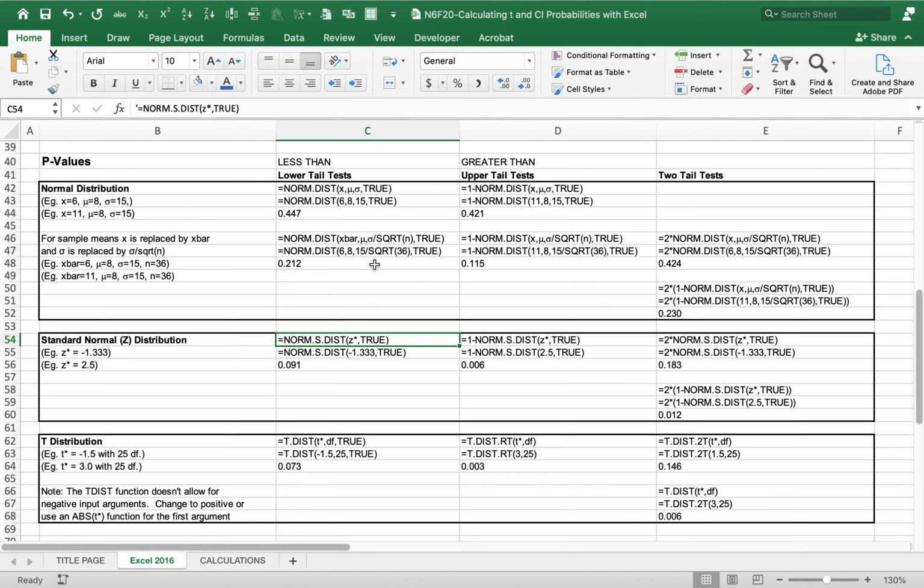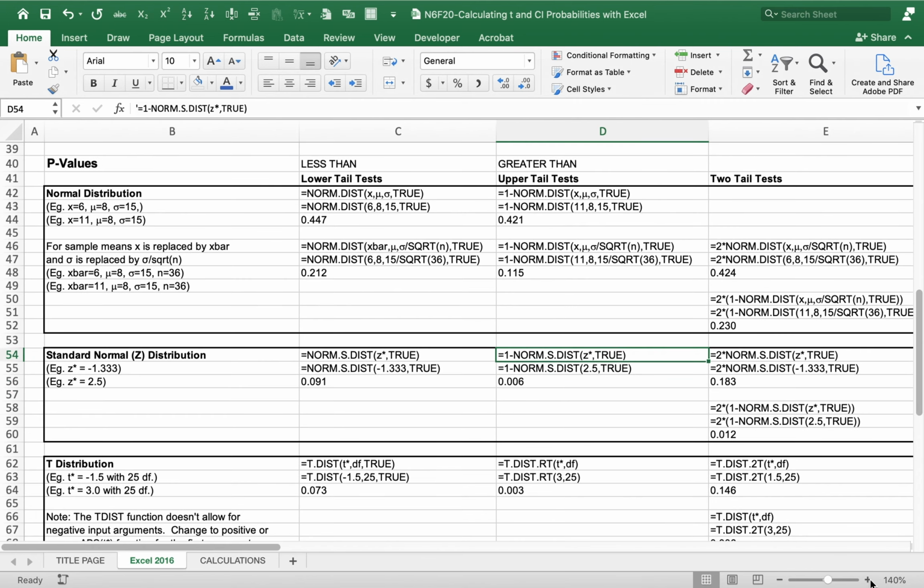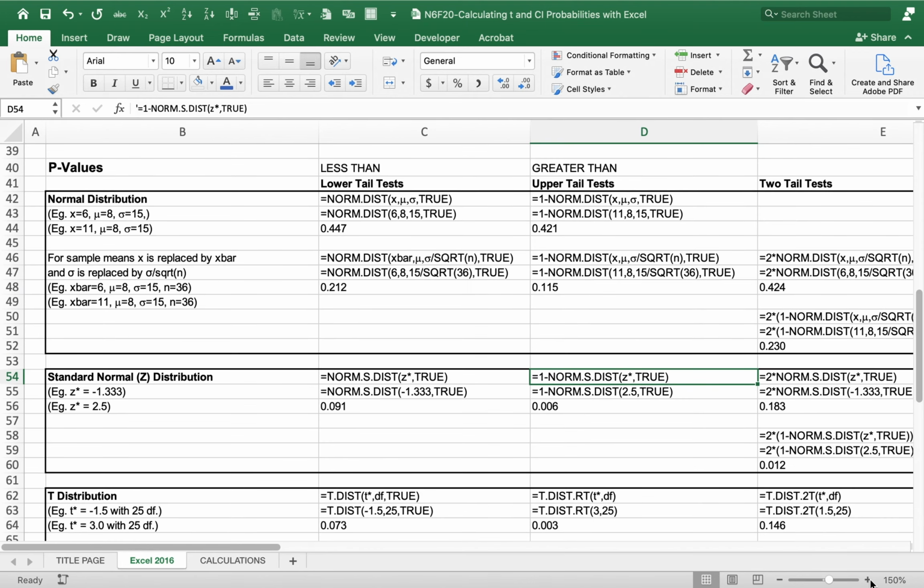And all you do is put in your computed z value. I show that as a z star. From some point up, it would be 1 minus a norm.dist function. Maybe I should make these just a little bigger so you can see. I'm not worried about the two-tailed tests at this point, so don't be concerned about those.